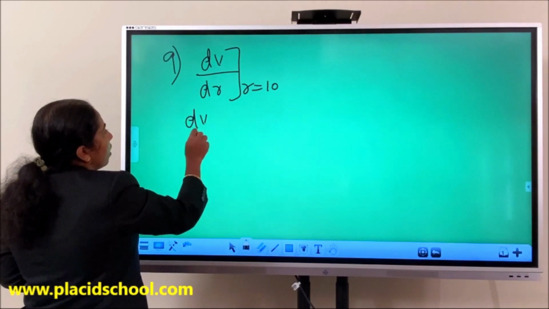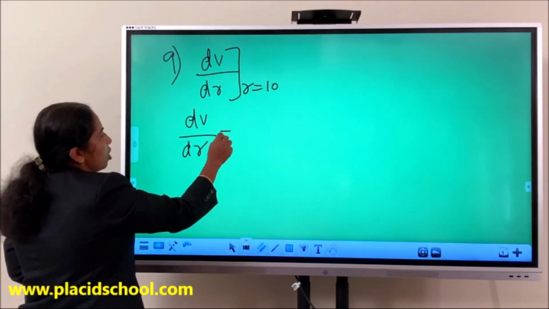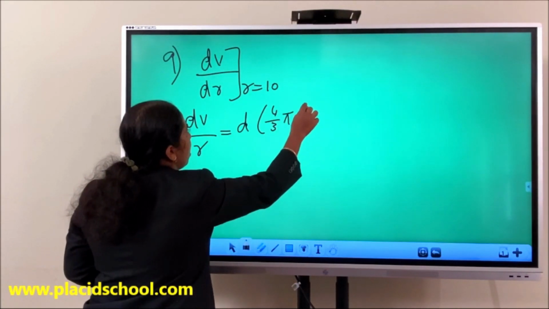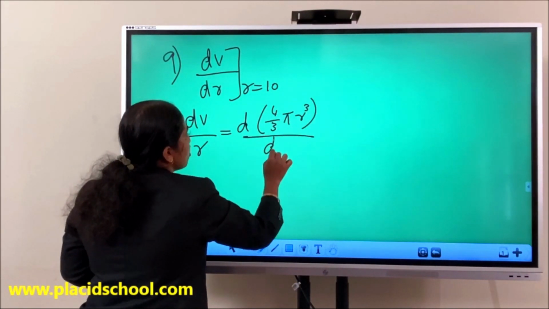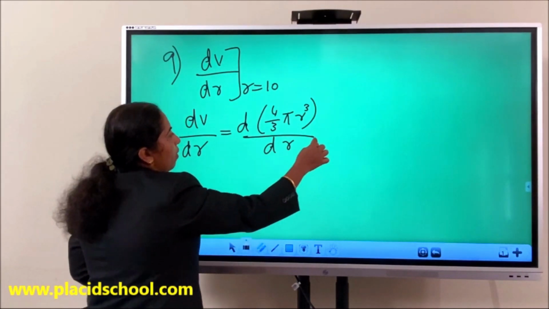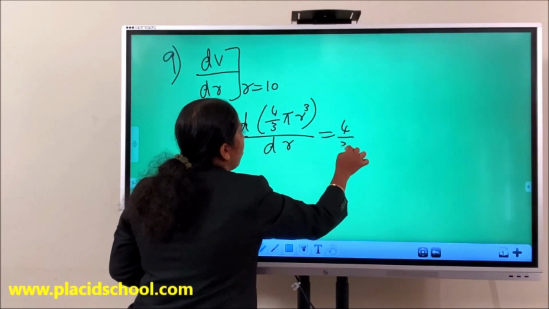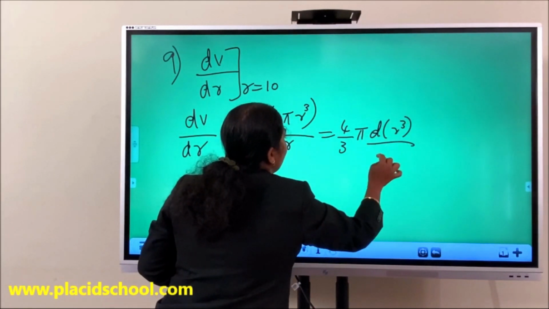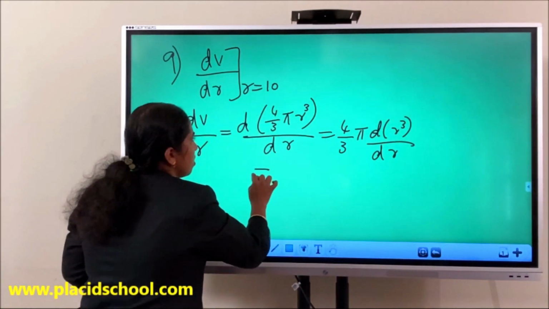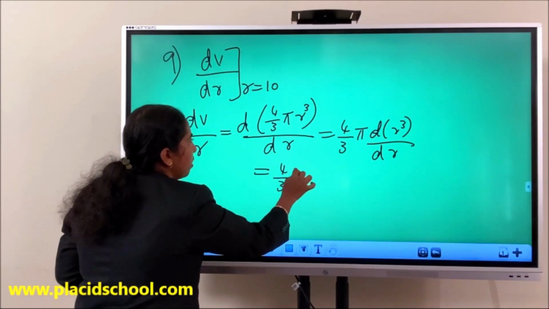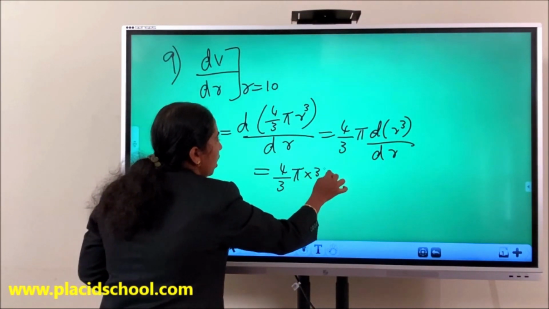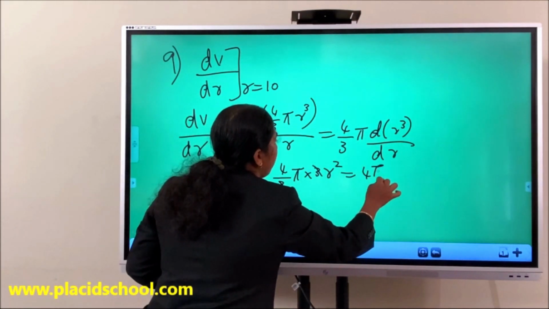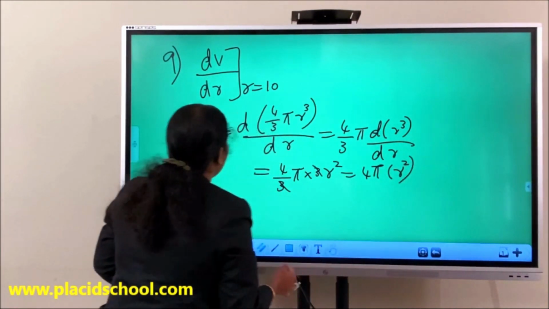So dv by dr is equal to the derivative of 4 by 3 pi r cube with respect to radius. This is equal to 4 by 3 pi into the derivative of r cube with respect to r, which is 4 by 3 pi into 3r square. Simplifying, we have 4 pi r square.